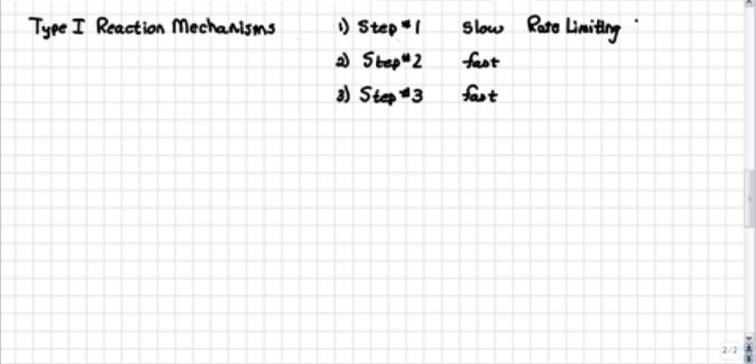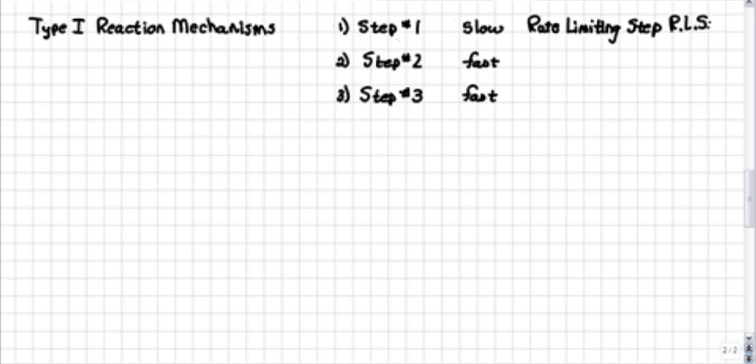And the rate limiting step, abbreviated RLS, is the step that will determine how fast this reaction goes. Steps 2 and 3 go so fast they're practically blinding. But step 1 is taking its time, and for whatever reasons is a very slow step. The entire process can move no faster than the speed of the slowest step.